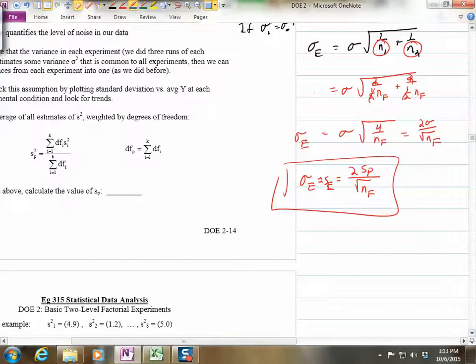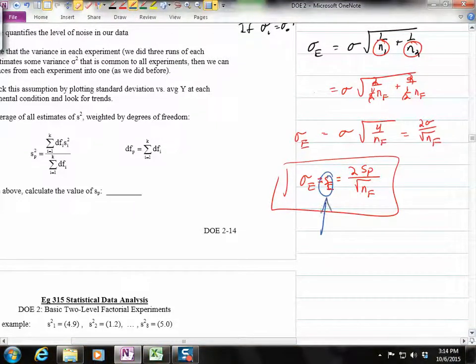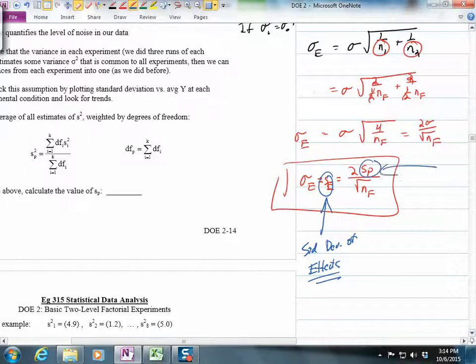So that's the standard deviation of the effects, which are differences between two means. SP, that's the standard deviation of individual measurements.